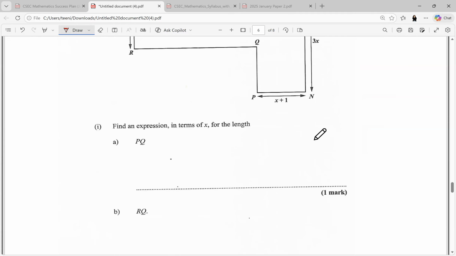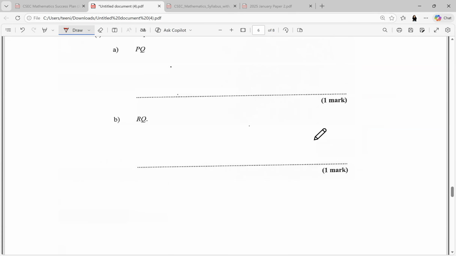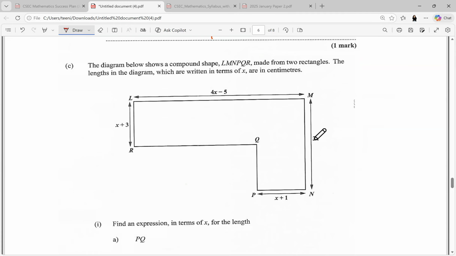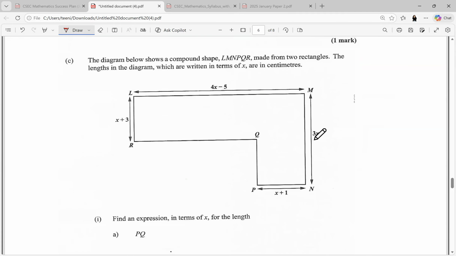All right, let's look at this question. The diagram below shows a compound shape, LMPQR, made from 2 rectangles. The lengths in the diagram, which are written in terms of x, are in centimeters.